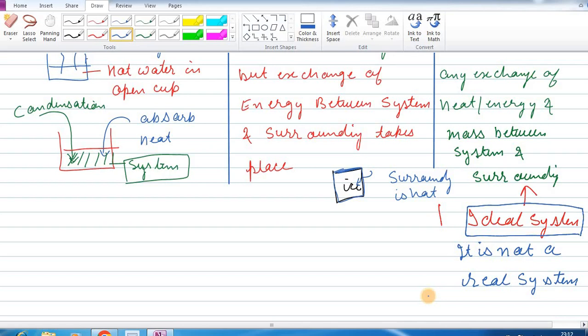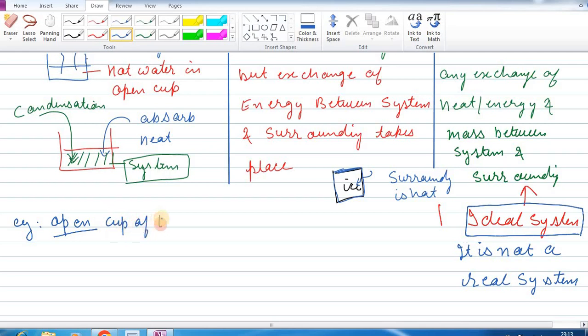Okay, now look at some examples. Open system: I have given the example of an open cup. All these where there is an open word, or where the matter or the system, that is the part of the universe under observation, is of open category, is called an open system. So an open cup of tea.